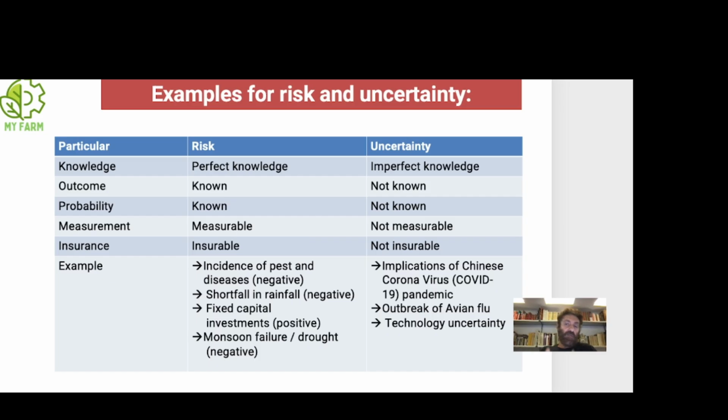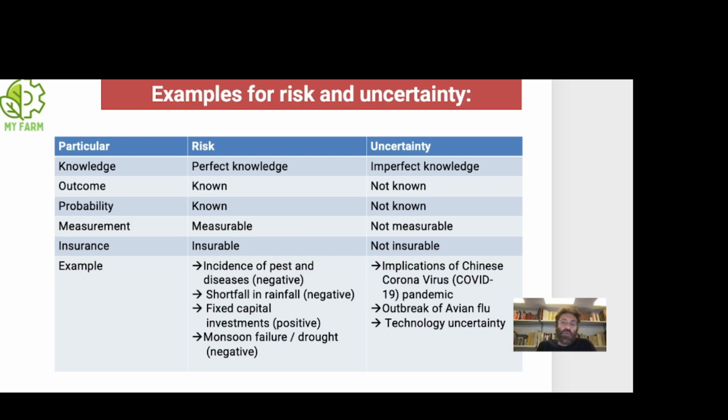In the era of uncertainty, we don't know the outcome. The same holds for probability: for risk, we know the probability distribution; for uncertainty, we don't. At the same stage, risk is measurable, meanwhile uncertainty is not measurable. And if we shift to the concept for insurance companies, risk is insurable, meanwhile under uncertainty, risk is not insurable, because we don't know the probability and we are not able to measure it.